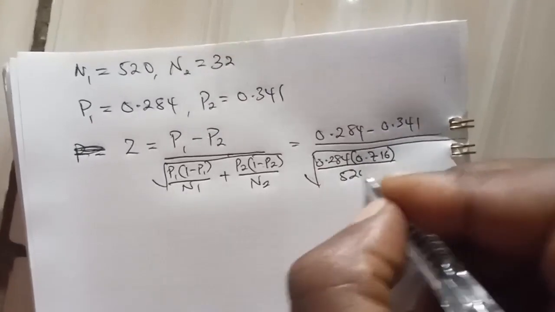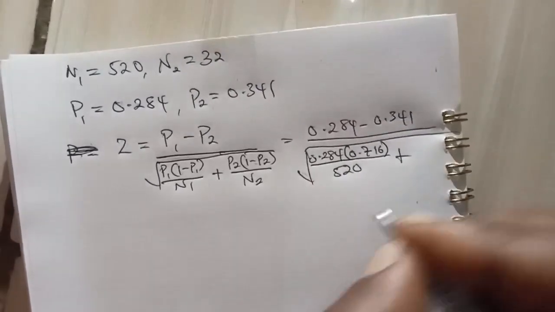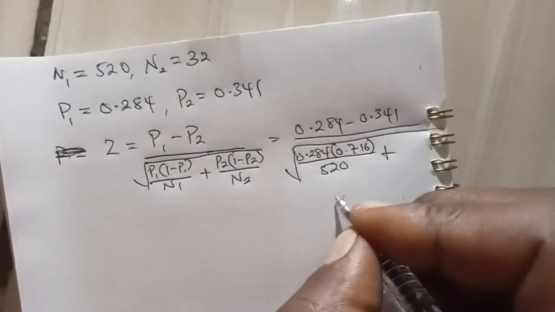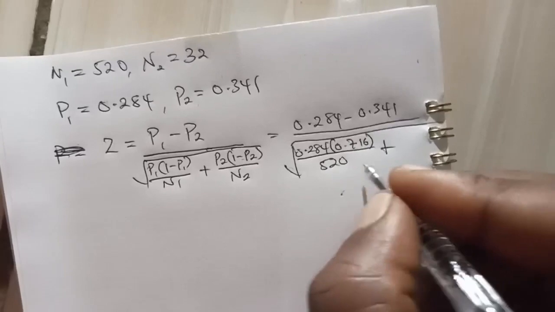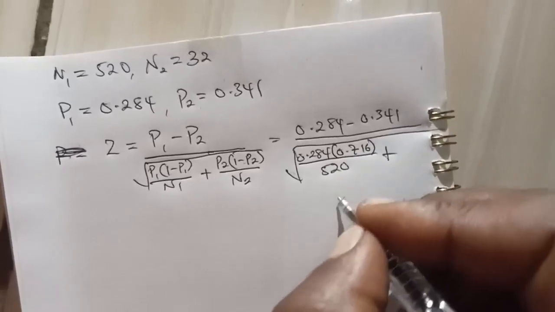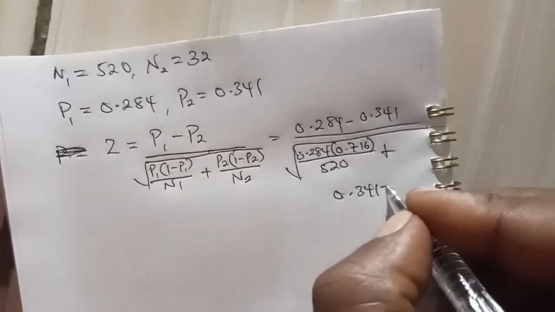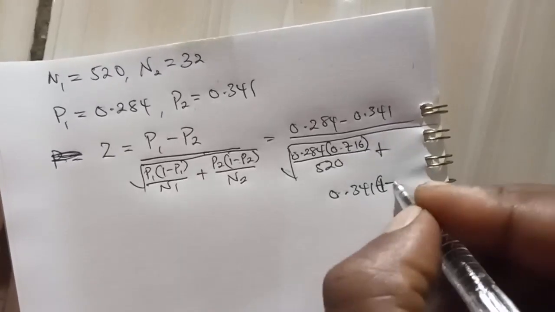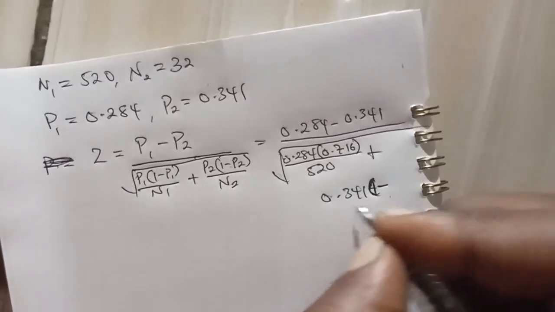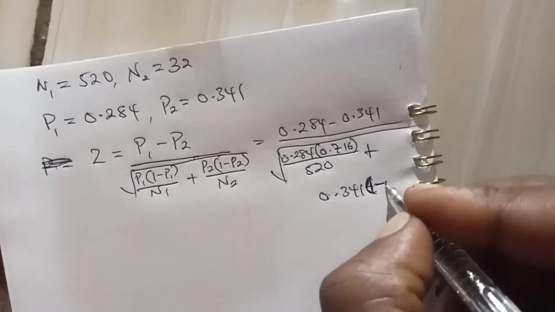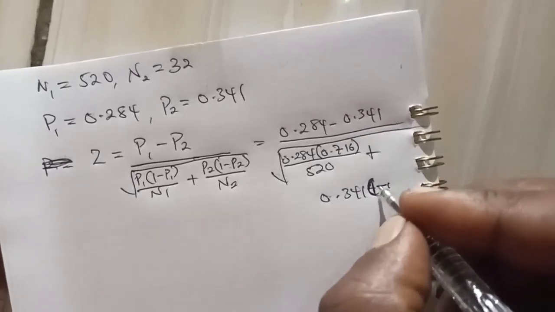520, then plus, let me write it here because of space. So for P2 we have 0.341 into 1 minus 0.341, let's just write the value.